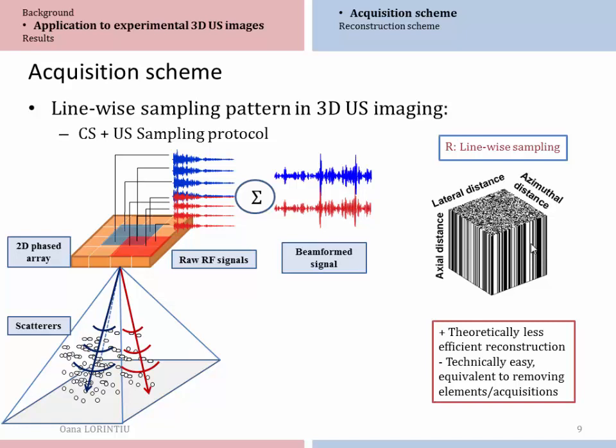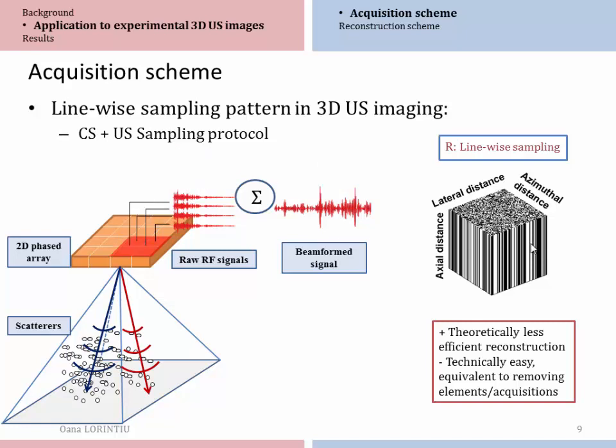And if you look at this example, imagine that you don't want to acquire this beamformed signal, so we subsample it. That means we don't acquire the equivalent raw radio frequency data. We don't activate the sub-array of elements, and that means that we don't send the ultrasound pulse in the environment. So this would increase the frame rate.